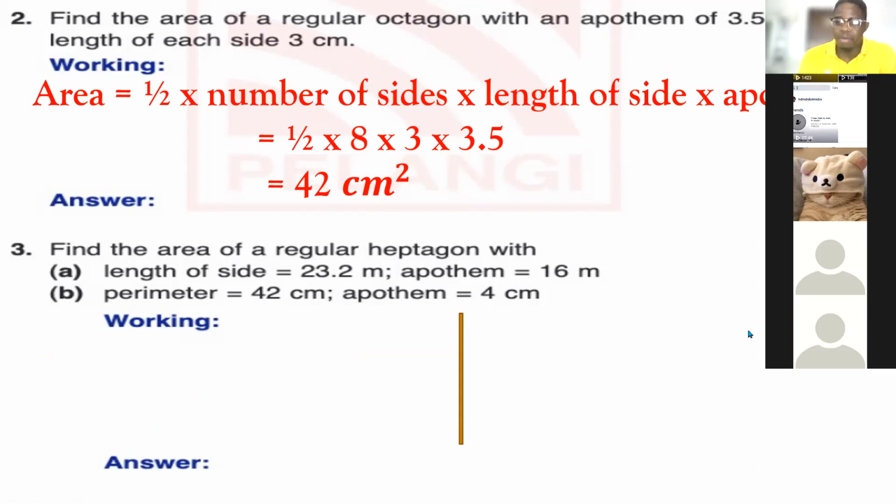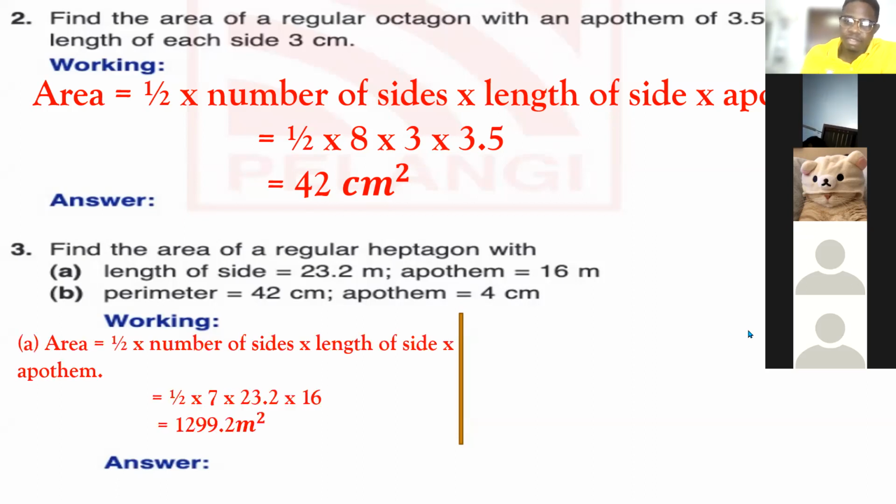But let's wait for Nawapat. Nawapat did not do it. I'm waiting for him. So Bass, get ready for number 3B. Okay, Nawapat, I'm waiting. What's your answer? 1299.2. Okay, Nawapat, that's better.